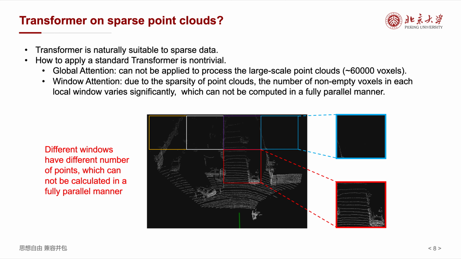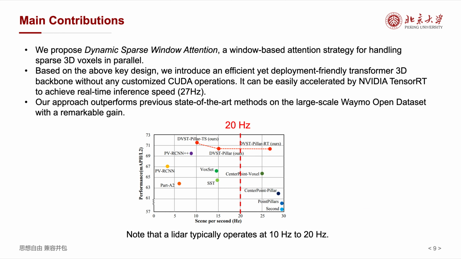As for window attention, due to the sparsity of point clouds, the number of non-empty voxels in each local window varies significantly, which cannot be computed in a fully parallel manner. As shown in this image, the blue one and the red one.